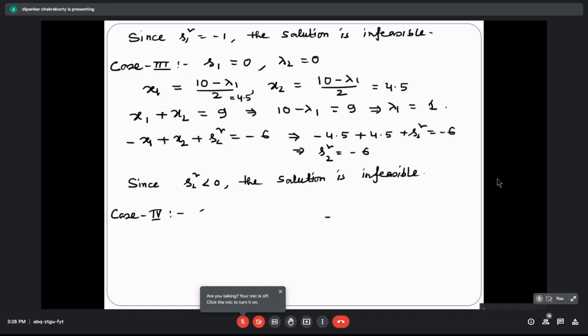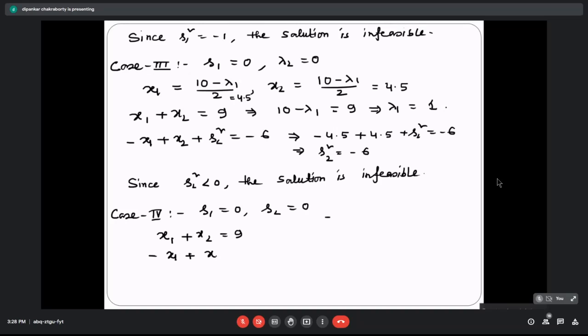The last case is s1 equal to 0 and s2 equal to 0. So if s1 and s2 are 0, then we just find the value of x1 and x2 by solving these two equations. The first equation is x1 plus x2 equal to 9, and the second one is minus x1 plus x2 equal to minus 6.